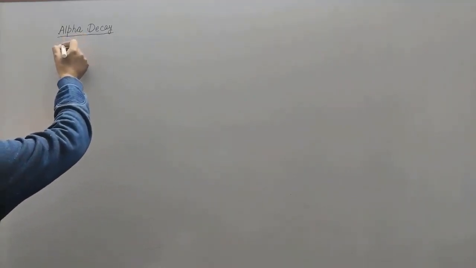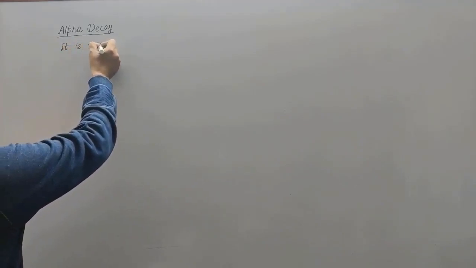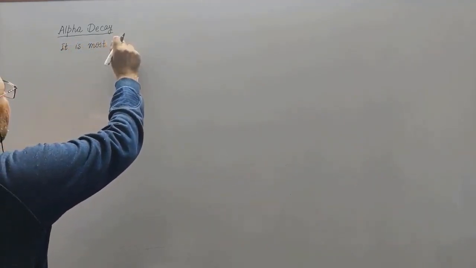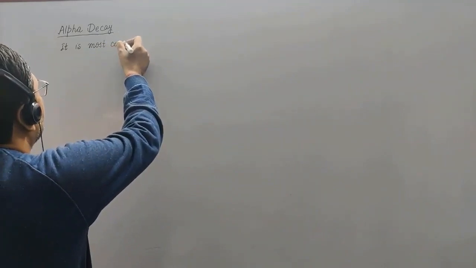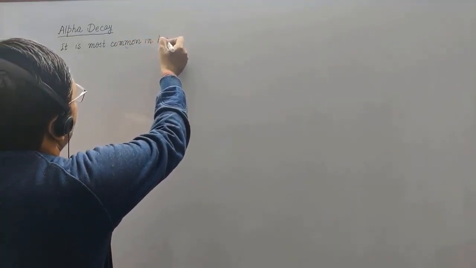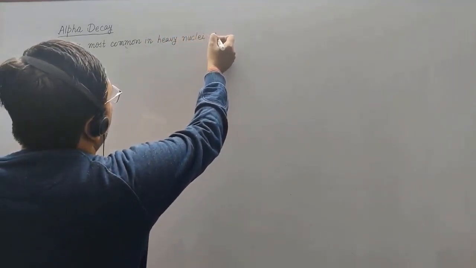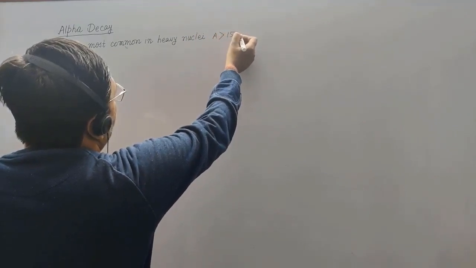But in general, alpha decay is most common in heavy nuclei, having mass number A greater than 150.